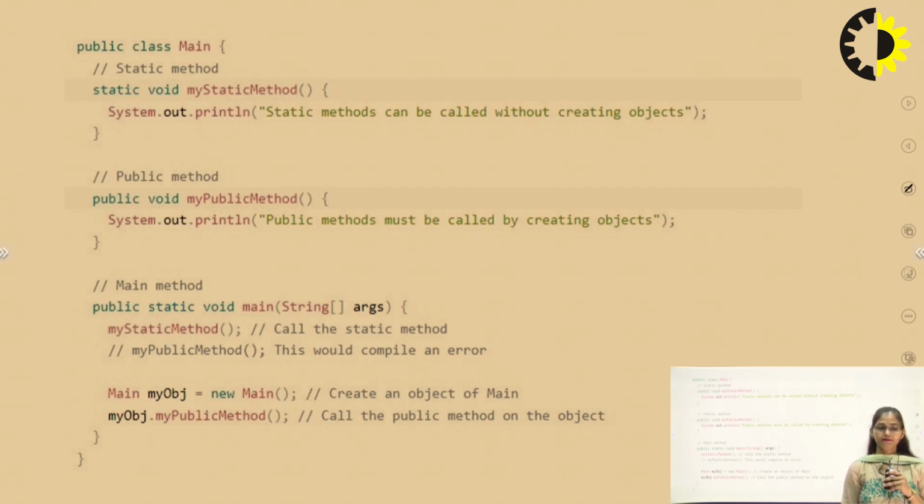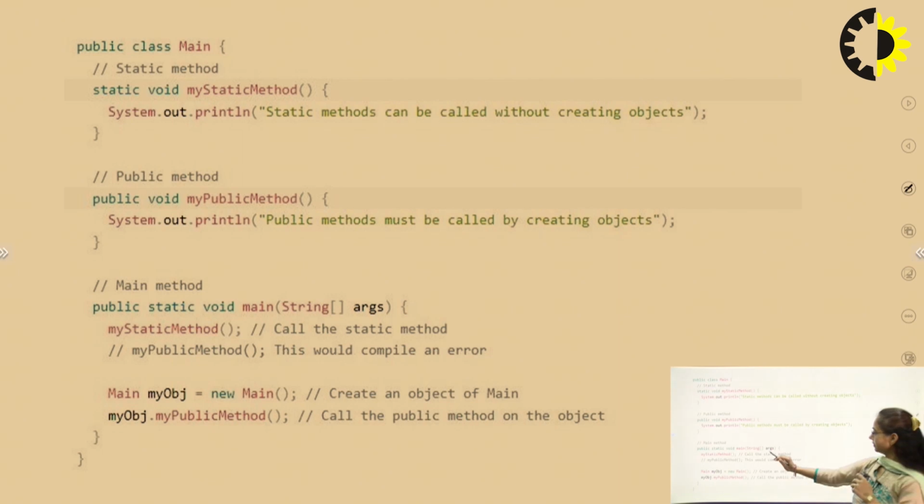In the main method we access the static method without creating an object, so we call the static method directly and obtain the result. For the public method, we have created an object, and after object creation we call the public method through it. So that is achieved in two ways, static and public.